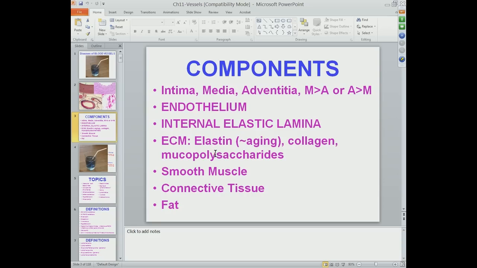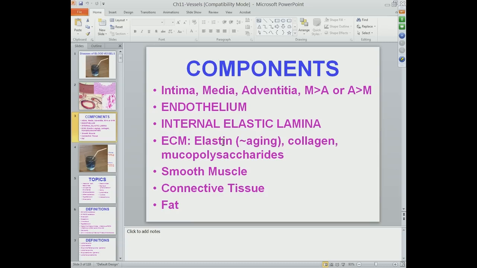In the media, you chiefly have connective tissue, chiefly smooth muscle cells. In the larger arteries, the so-called elastic arteries, which are direct branches off of the thoracic aorta, you have a significant amount of elastic fibers. In the aorta, it's almost entirely through the whole wall of the aorta.